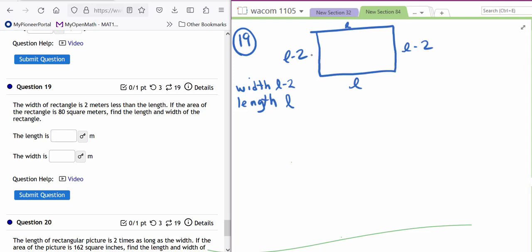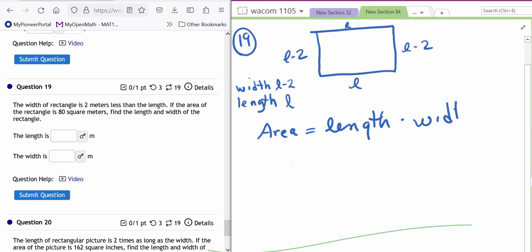It says the area of the rectangle is 80 square meters. Area is length times width. You would need to know that from somewhere in your life. Area of a rectangle is length times width. I shouldn't write L there because I've used L for length.